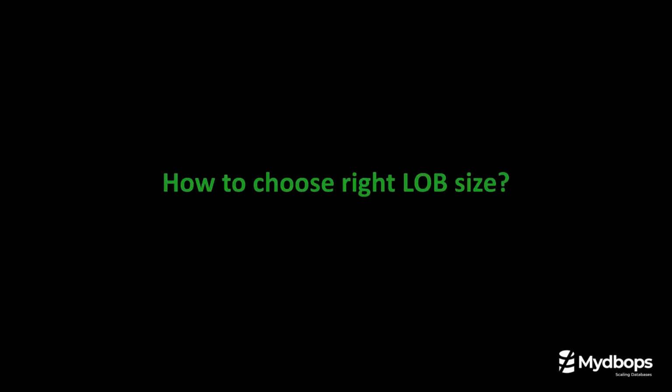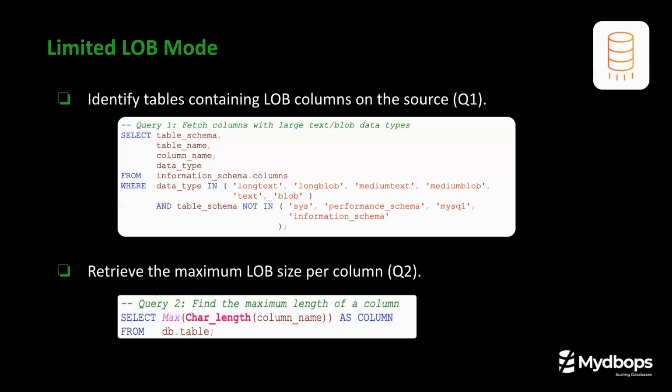How to choose the right LOB size in DMS during the migration. When migrating tables which contain large LOB columns, with large data types such as text or blob, we need to calculate their size for an optimal migration. First, we start by identifying the tables with LOB columns.